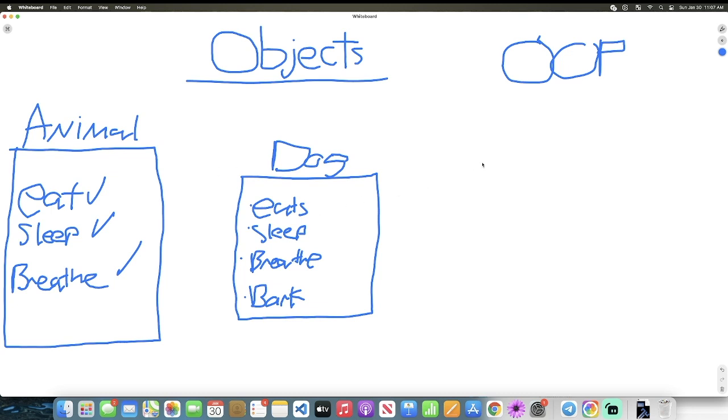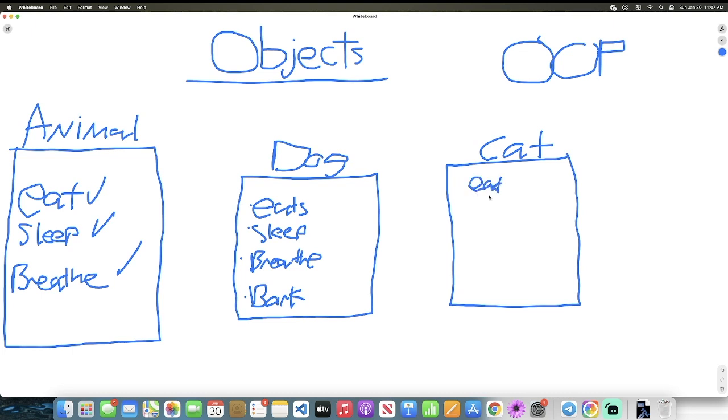Now let's take another animal for an example. So cat. Cats are animals, right? So they also eat. They also sleep. And they also breathe. Cats also have something specific that they do, right?